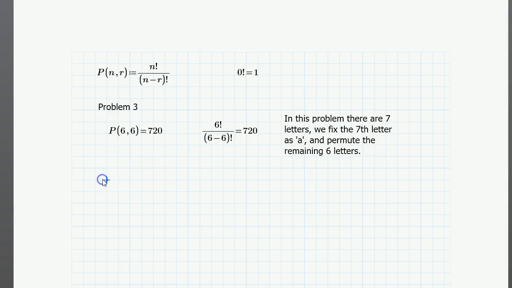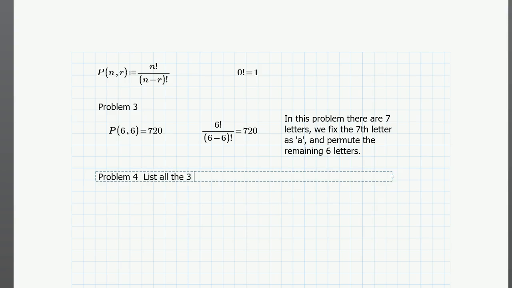Okay, so let's do problem 4. In problem 4, what we have is numbers 1, 2, 3, 4, 5, and we're only doing permutations for this homework, so we only have to do part A, and that is all the 3-permutations. We're supposed to list all these. Let's first see how many there are.